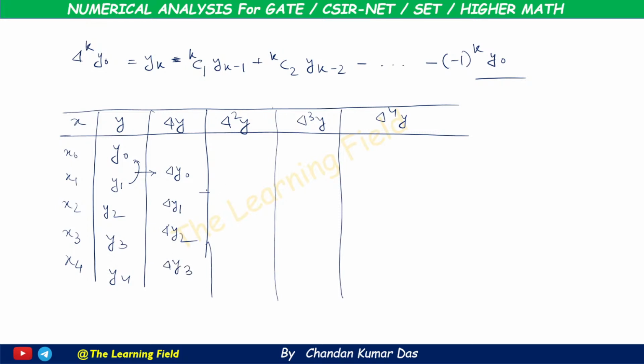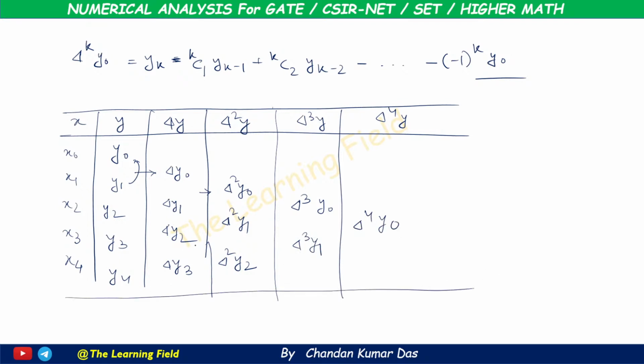In between these, delta square y0, delta square y1, delta square y2, then delta cube y0 and delta cube y1, and here delta to the power 4 of y0. So this is the finite forward difference table.